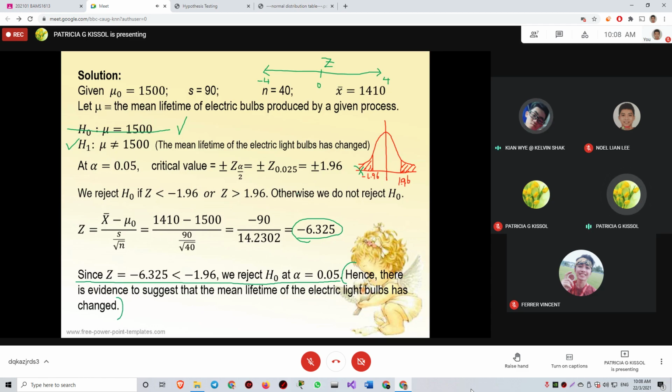As long as you know how to do the Z and the graph, the hypothesis, and decide which is the correct tail, two tail or one tail, everything else is just reading the question, finding out which one to use, and not being careless.